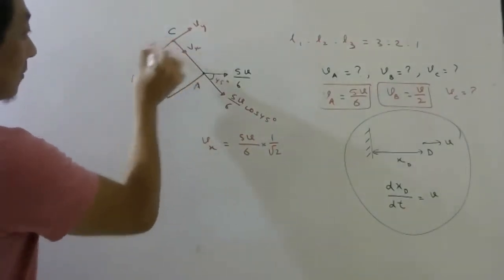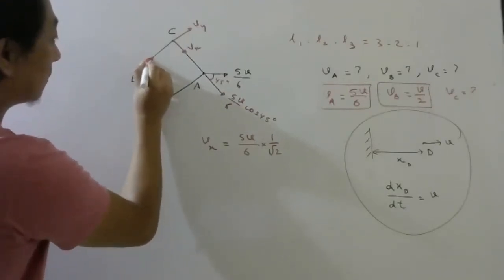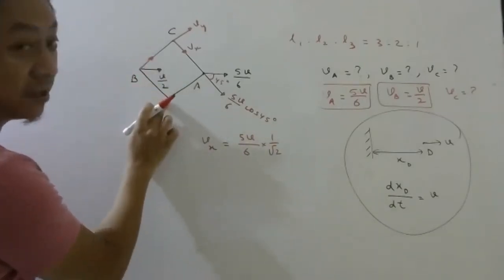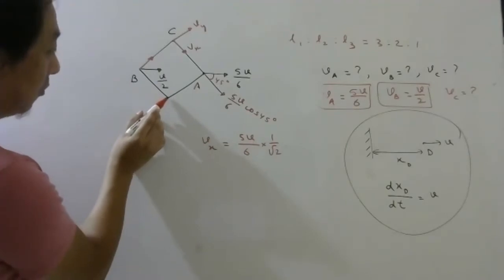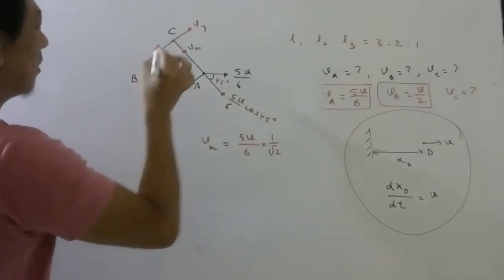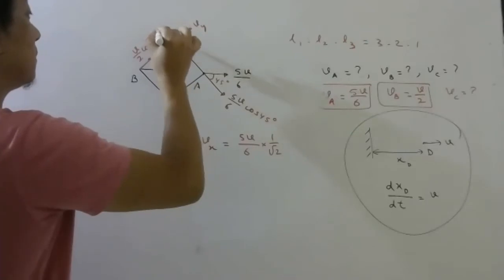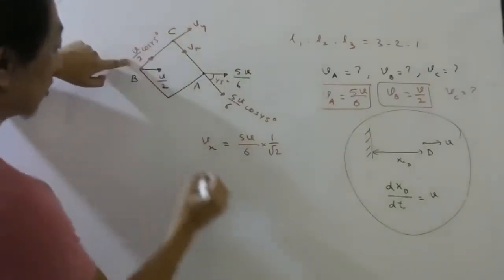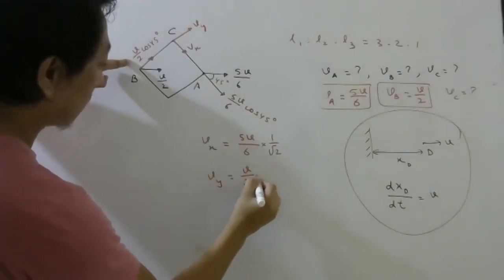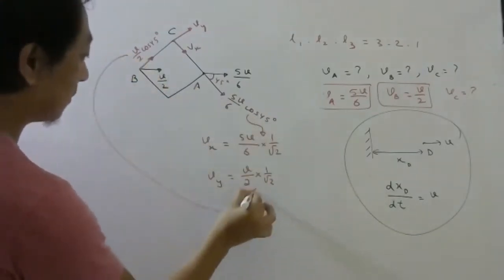Similarly, for this rod, this V by 2 will have a component here along this string. Don't look at this string because we have not calculated the velocity of this. If you want, it will be the same as this point. So the velocity of this point this side will be V by 2 cos 45. So V by 2 cos 45 must equal Vy.